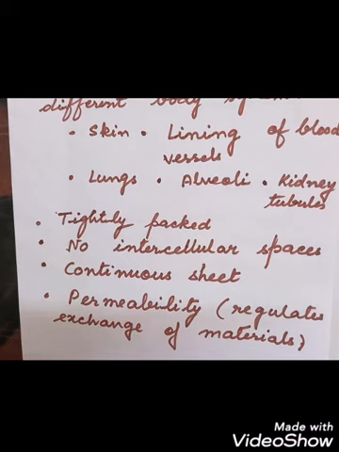So already in the previous chapter we have discussed permeability, that is the property of any cell to allow the materials to go inside or not. This property is called what? Permeability. If it is allowing continuously without any distinction, if it is allowing all the materials to pass inside, then it is called as what?